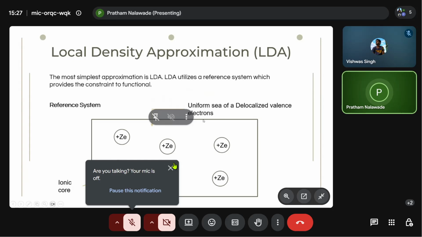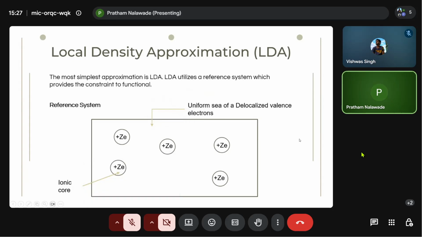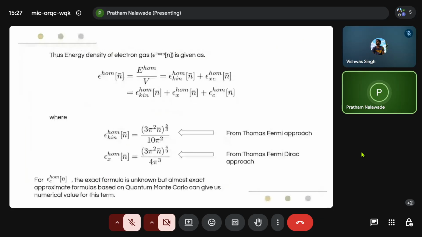I'll just explain qualitatively what it means. You pick a point, and to calculate the exchange correlation term at that point, you assume that locally the charge density is constant.